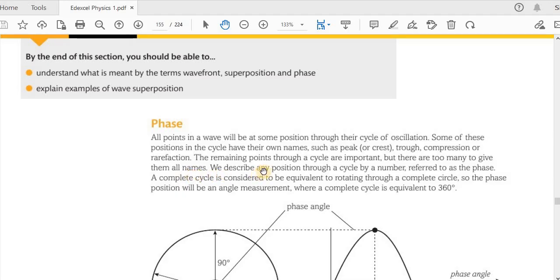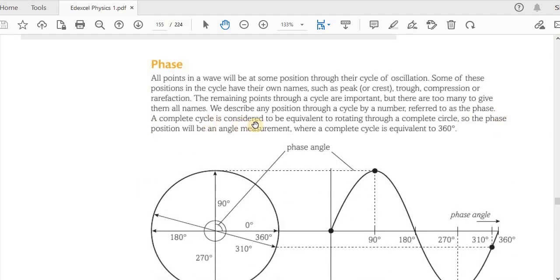We describe any position through a cycle by a number referred to as the phase. A complete cycle is considered to be equivalent to rotating a complete circle. So the phase position will be an angle measurement, where a complete cycle is equivalent to 360 degrees.